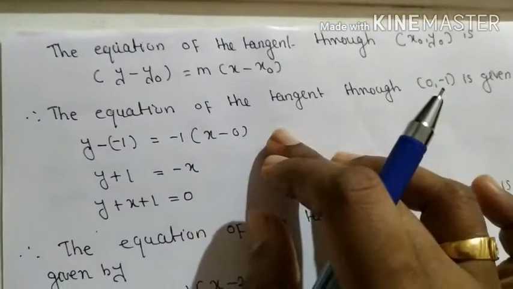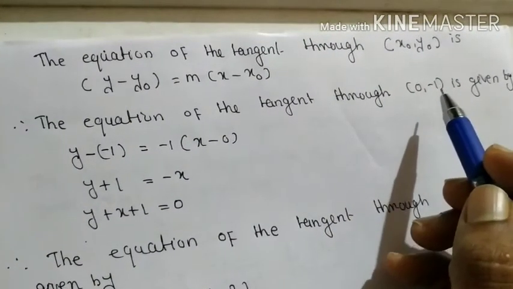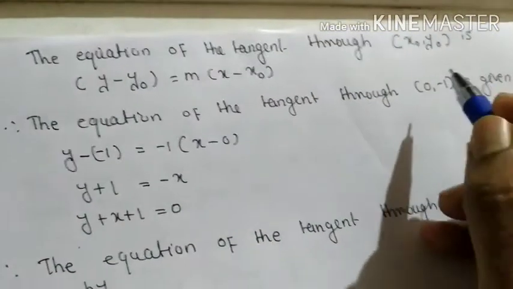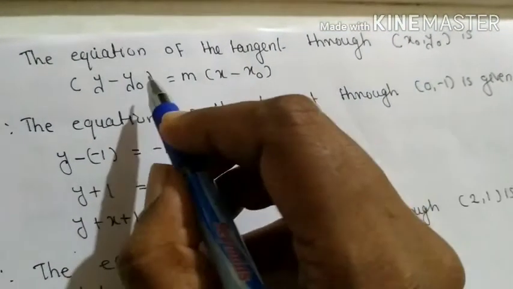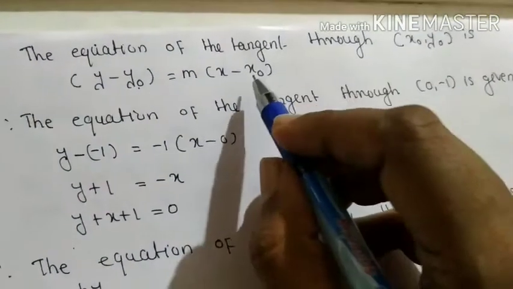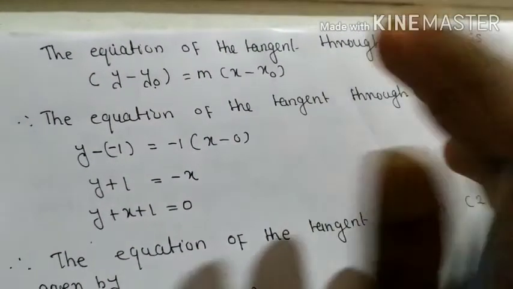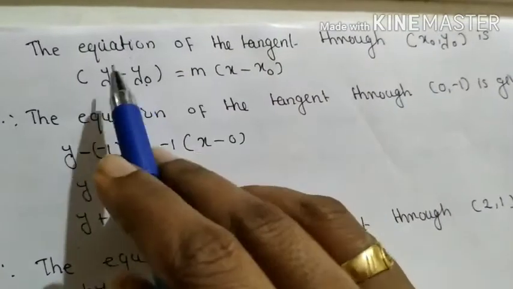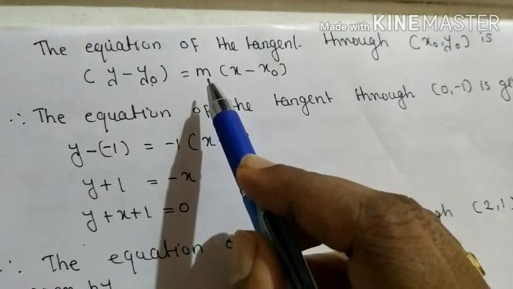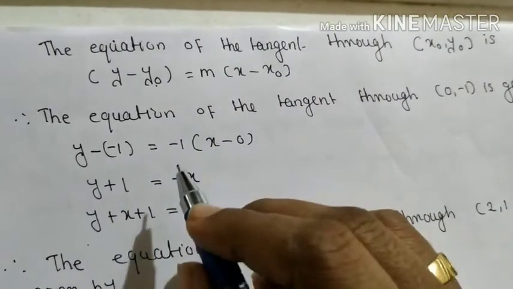Therefore, the equation of the tangent through the first point (0, minus 1) is given by substituting y0 as minus 1 and x0 as 0 in this equation. We get y minus y0, where y0 is minus 1, and the slope is given as minus 1.